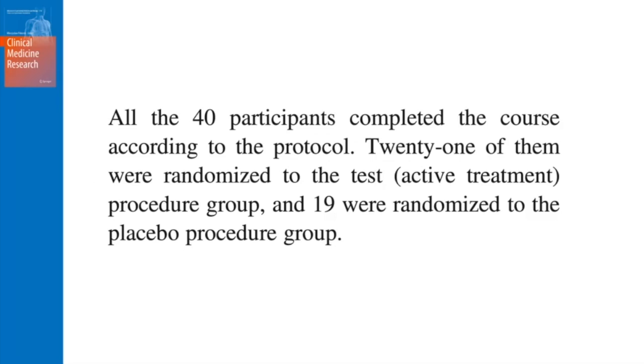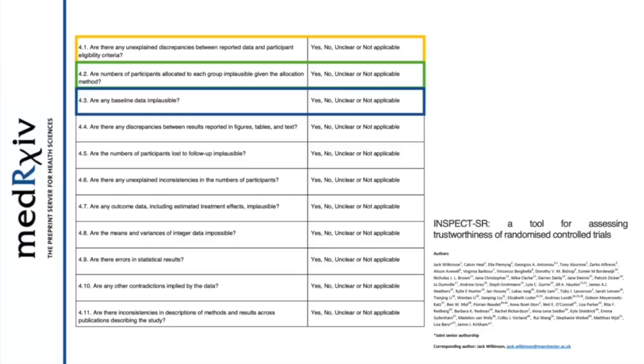They say that they have 40 participants, 21 in one group, 19 in the second group. We don't have a lot of details about randomization in this study, so we don't know how it was done, but still 21 and 19, it's compatible with a one by one balanced randomization, and this is still plausible. So I would say it passes this test.